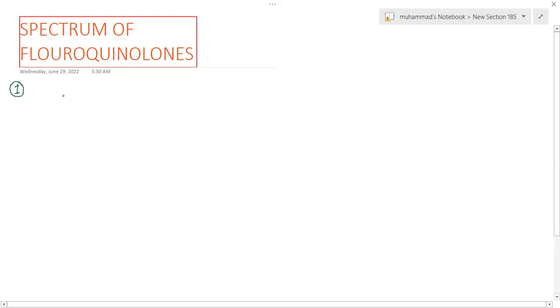First thing, suppose this is gram-negative bacteria, and this one is gram-positive bacteria.